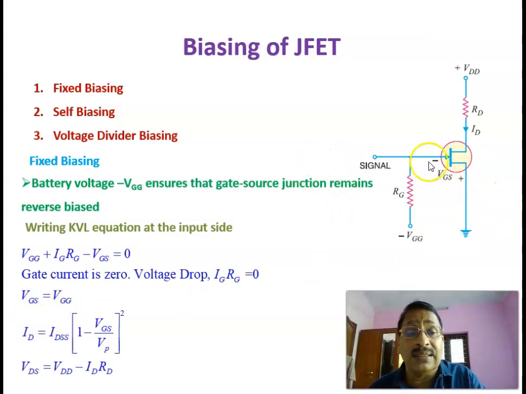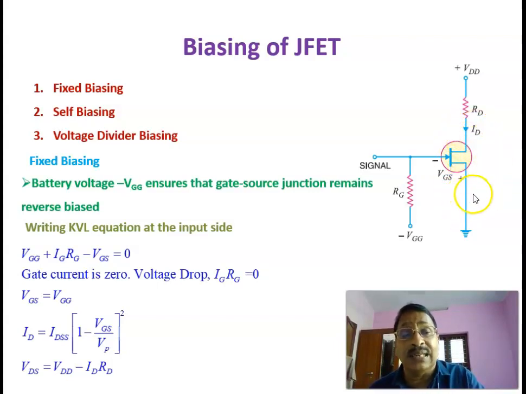And once you get VGS, you can calculate the drain current based on Shockley's equation: ID equal to IDSS into 1 minus VGS divided by VP, whole square. Therefore, first you set the VGS, which is the same as VGG. Once you get VGS, you can calculate the drain current ID. And once you calculate ID, you can calculate VDS, because you have to find the operating point, that is, what is the VDS and what is the ID.